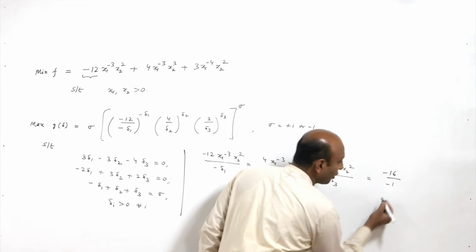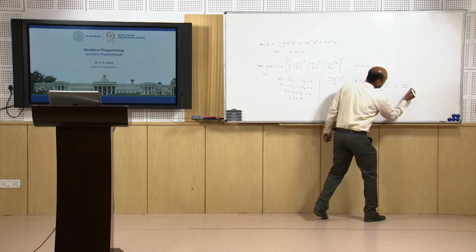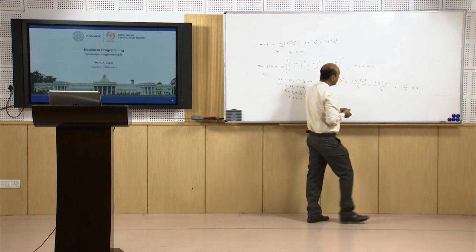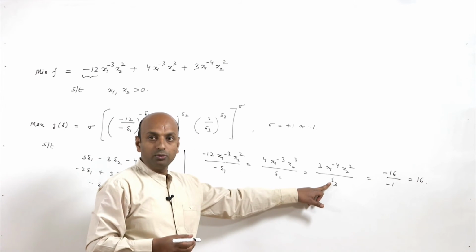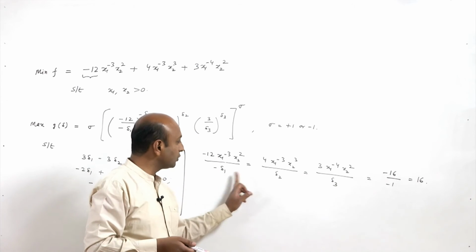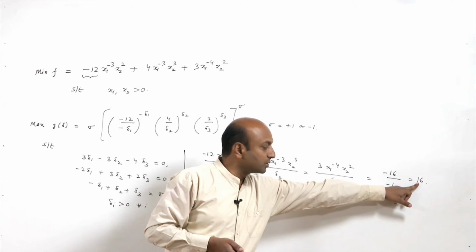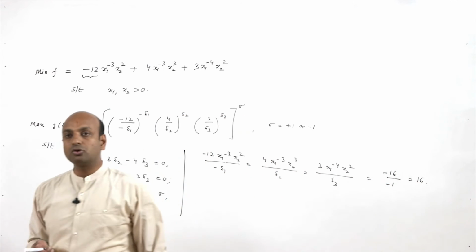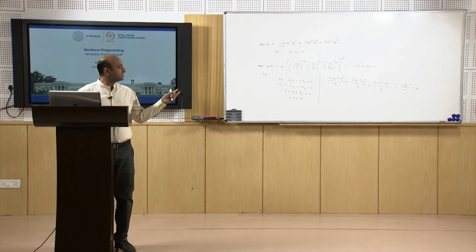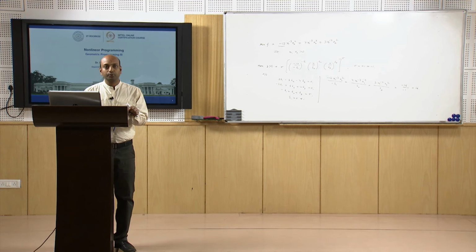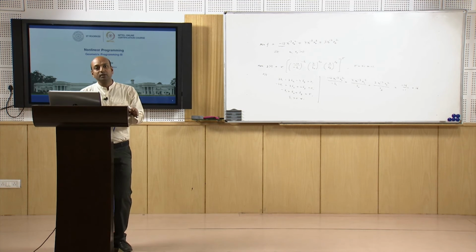For minus 1 we are getting the solution. So, this is nothing but 16. We already know the values of delta 1, delta 2 and delta 3. So, solving this and putting it equal to 16, we can easily find the values of x1 and x2. So, x1 is half and x2 is 1, you can easily check. Okay. So, in this way we can easily get the optimal solution of such problems.